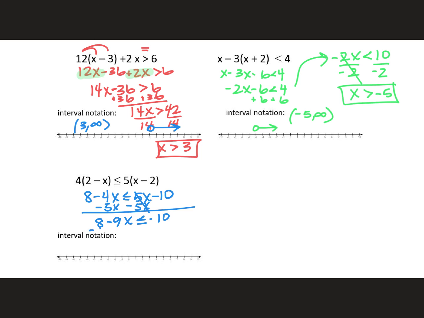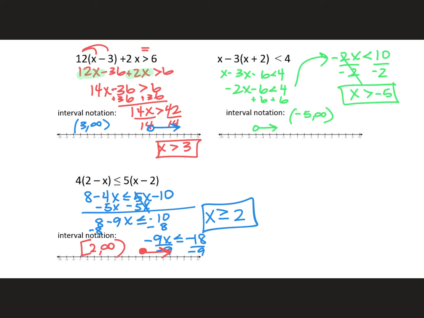And then this is a positive 8, so to move it, I'll have to subtract 8. That will give me negative 9x is less than or equal to negative 18. I'm dividing by a negative, so the symbol is going to flip, and x will be greater than or equal to 2. So I go to 2, it's a closed circle, the arrow points to the right, and as an interval, that's 2 with a bracket to infinity.